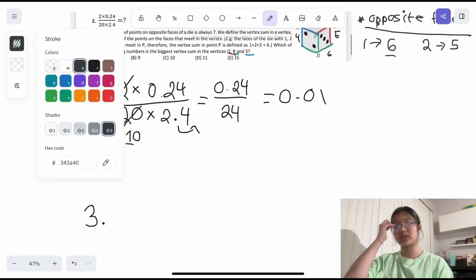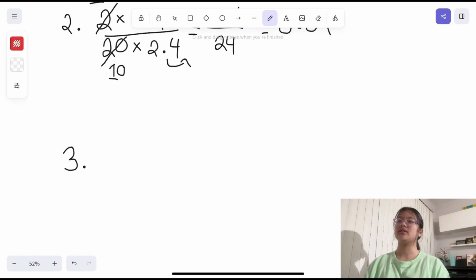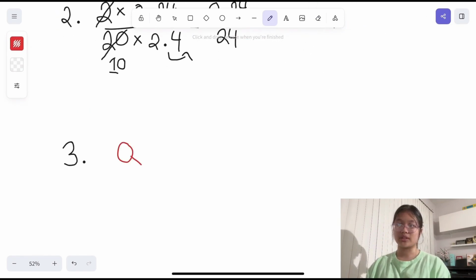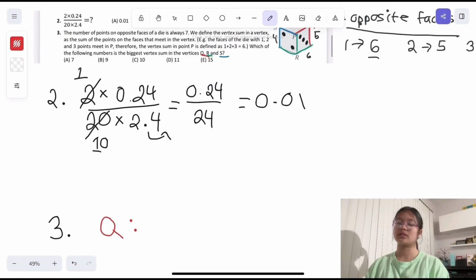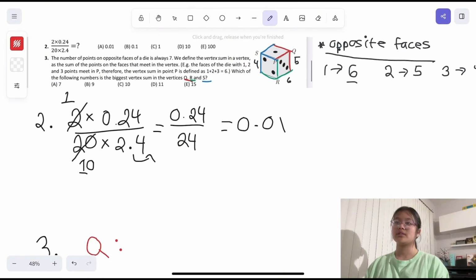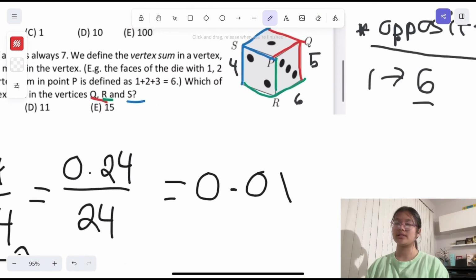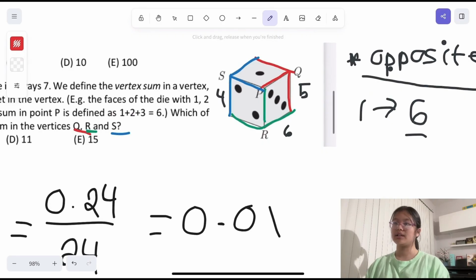Now that we know all that, we can add up the vertices. Let's start with Q. Our vertices for Q are 5, 1, 3.